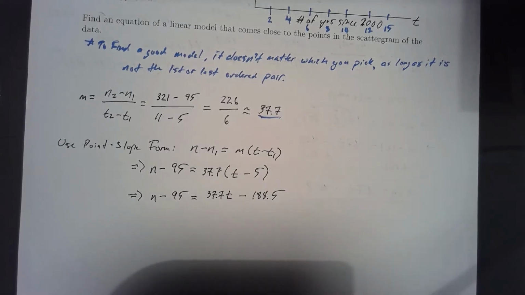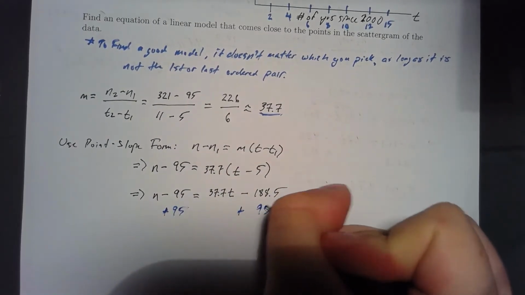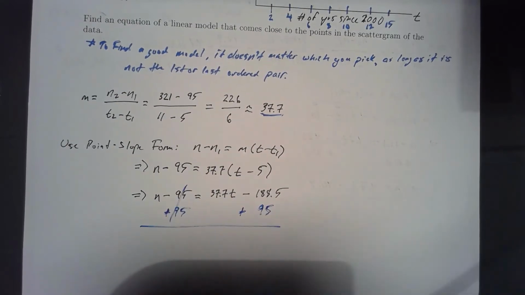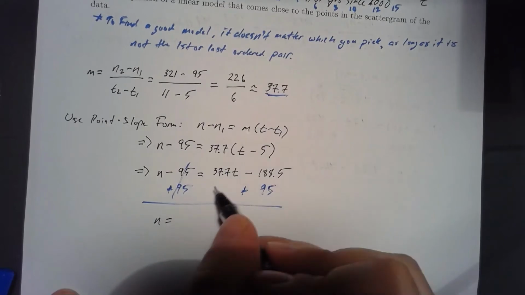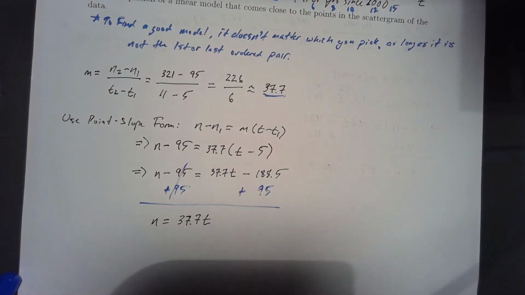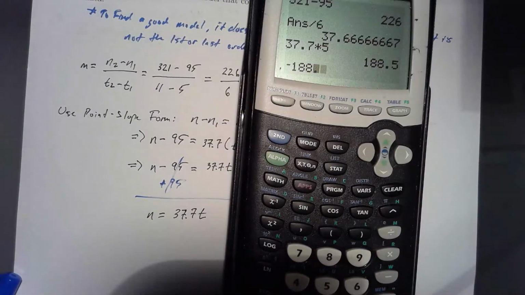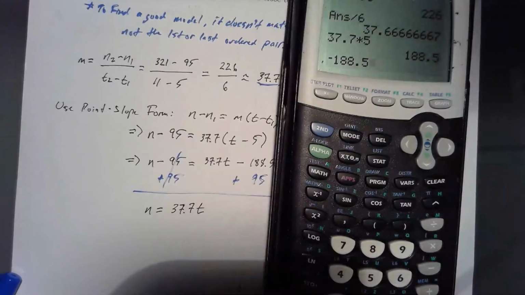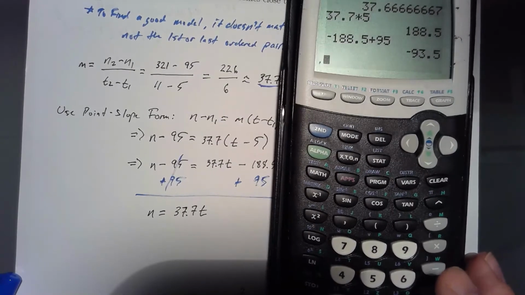So now just add 95 to both sides. That gets rid of that. So then I'm going to get n equals 37.7t minus 188.5 plus 95, which is negative 93.5.